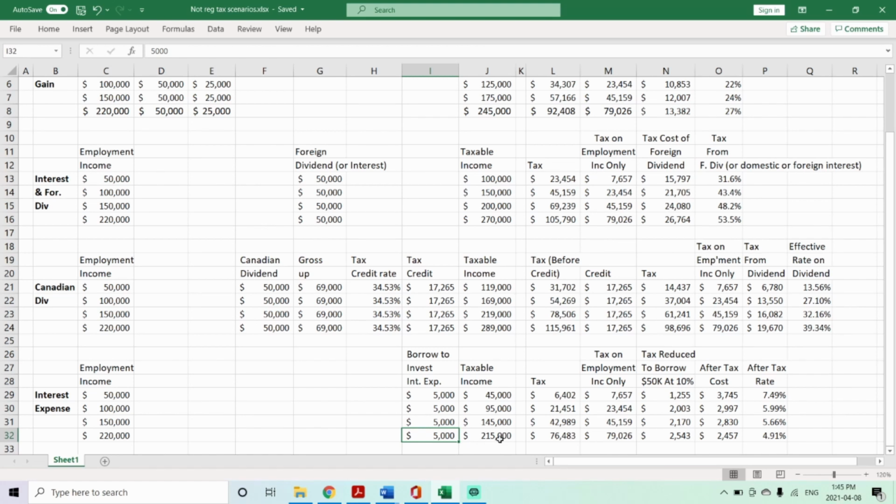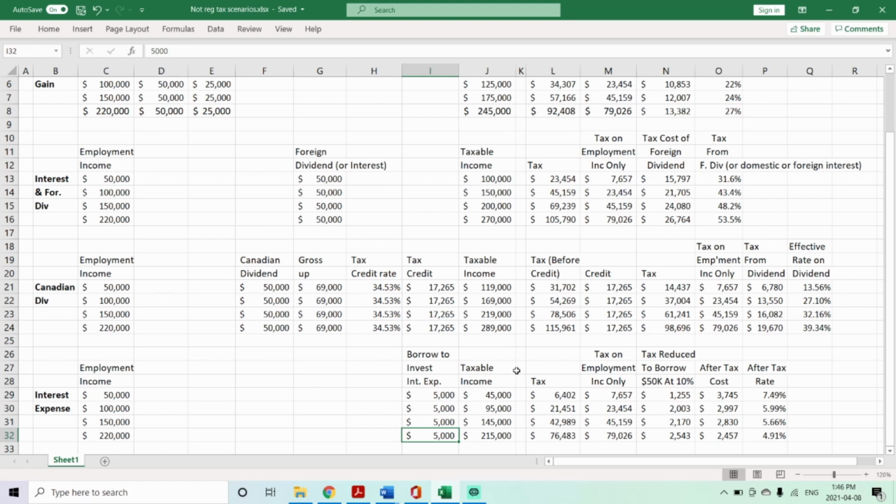That reduces our taxable income from $220 down to $215. Tax on $215,000 is $76,483, and it would have been $79,026 if we just didn't have the interest expense. We reduced our tax bill by $2,543.